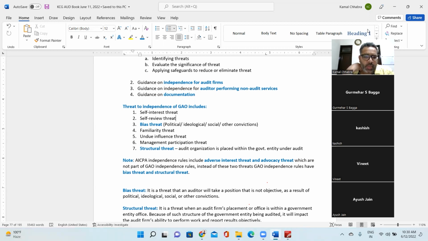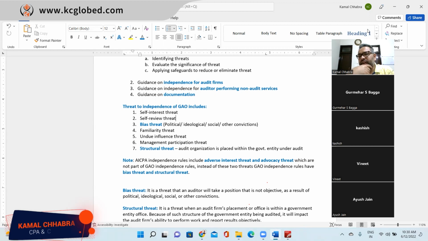They will try to push you not to give the required information, not allow you to dig down too much, and they may share a different view which the management has, which justifies the management position on the respective estimate they might have taken, right? So as an auditor, we should not get into any undue influence.